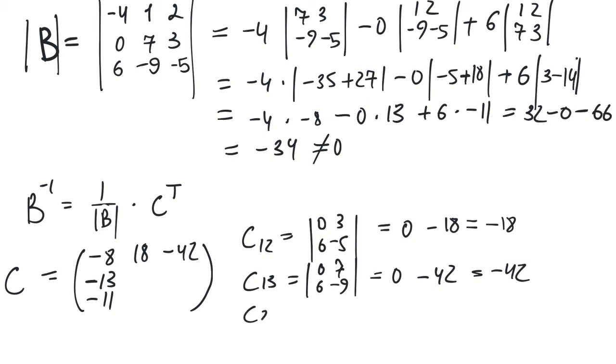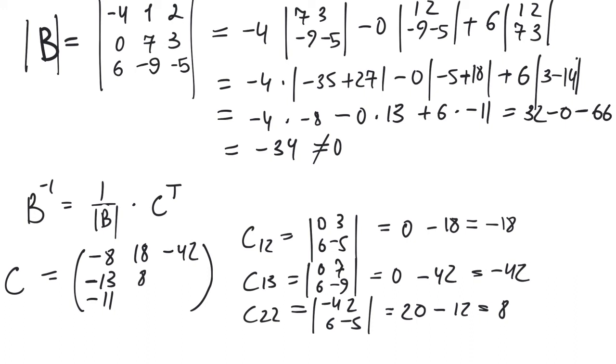Now C21 should be -4, 2, 6, -5. That gives us 20 minus 12, or 8. And it's a positive term.